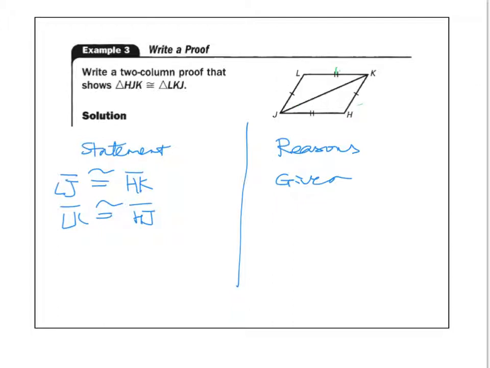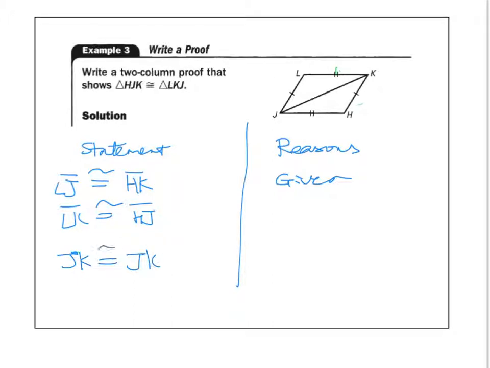So once you write down the given information, you look for what else you need in order to prove the two triangles are congruent. You have two sides already. You can look for angles or you can look for an additional side. And in this case, it just happens that JK is the shared side, the common side.